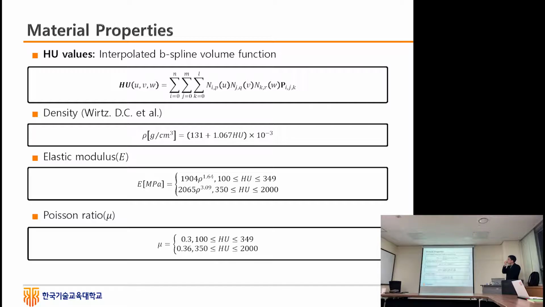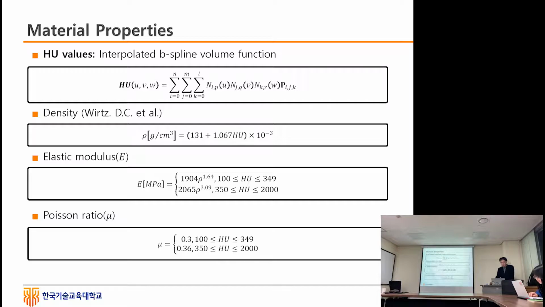For the finite element analysis, the material properties should be assigned to each element or each node. So we need to find some kind of density, elastic modulus, or Poisson ratio to analyze the finite element model.